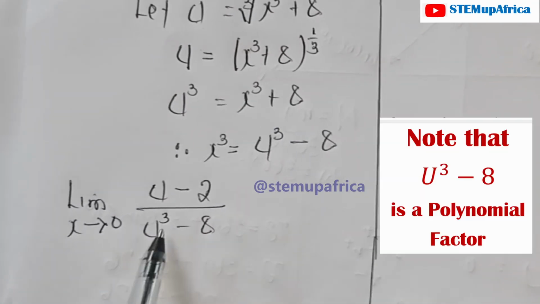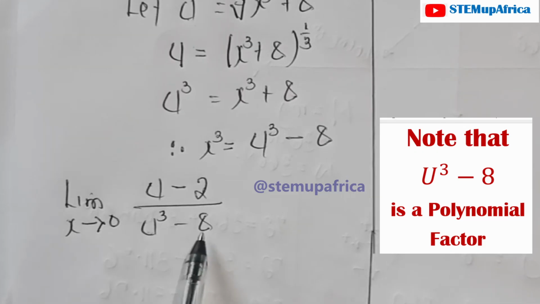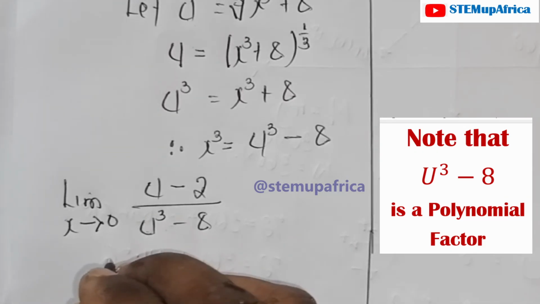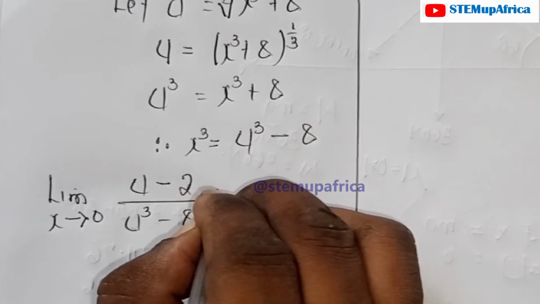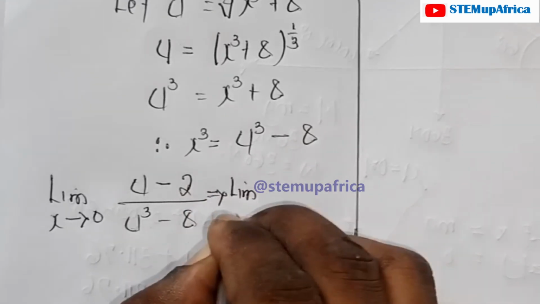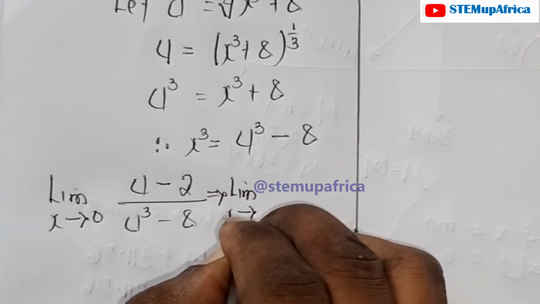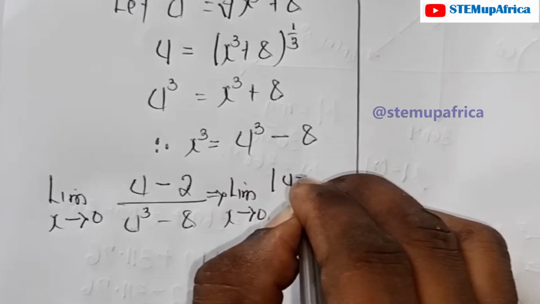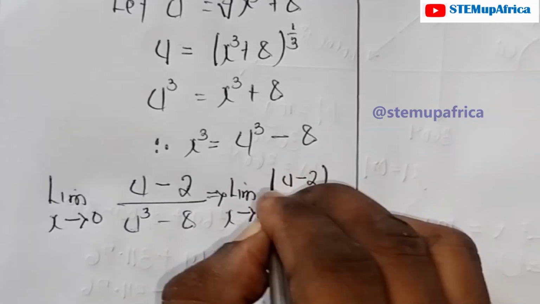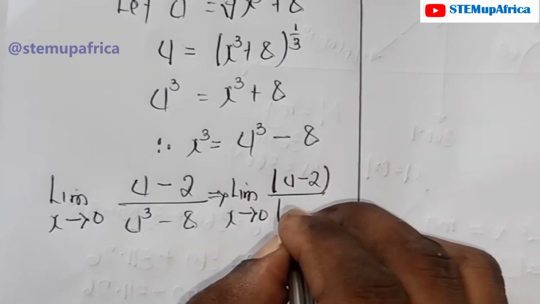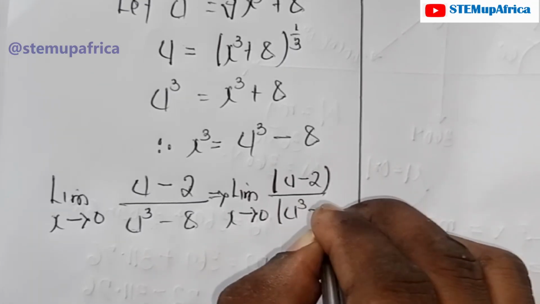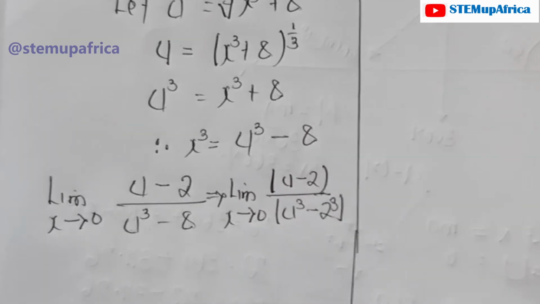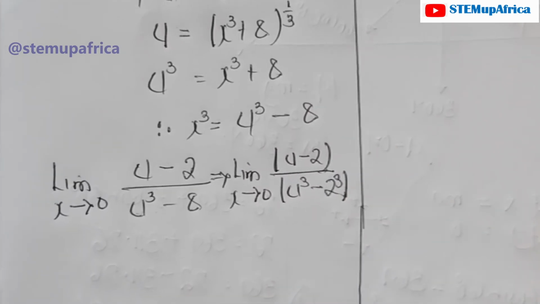So this is a polynomial factor, and I will use it to factorize. This implies the limit as x tends to 0 of u minus 2 over u raised to power 3 minus 2 raised to power 3, because 2 raised to power 3 is simply 8.